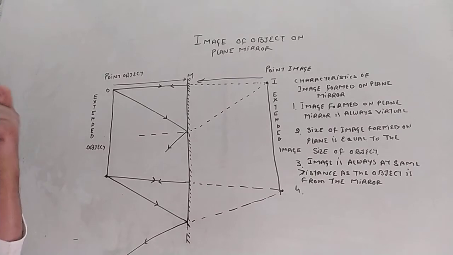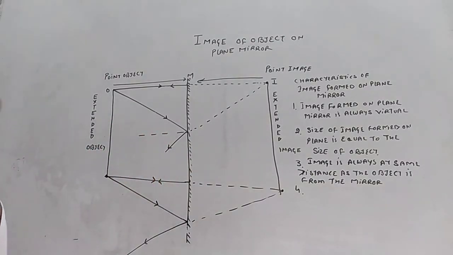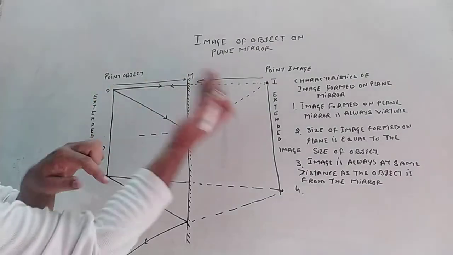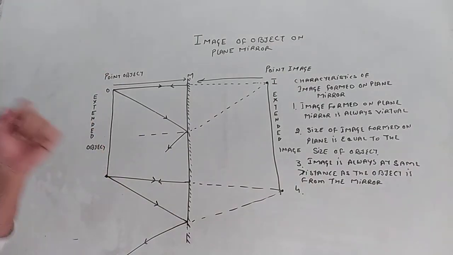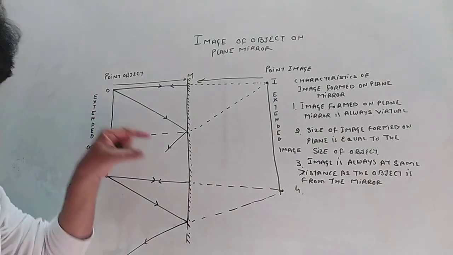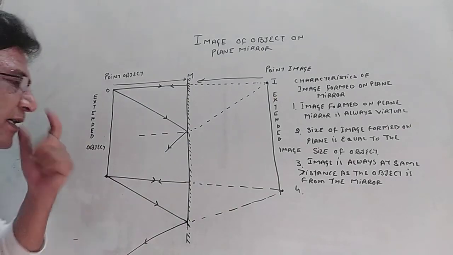Okay, now the fourth property. The image formed is laterally inverted. What do you mean by laterally inverted? Lateral means side. Sides get inverted, which means the right side of the object will appear on the left side in the image in the plane mirror, and the left side of the object will appear on the right side. That is called a laterally inverted image.